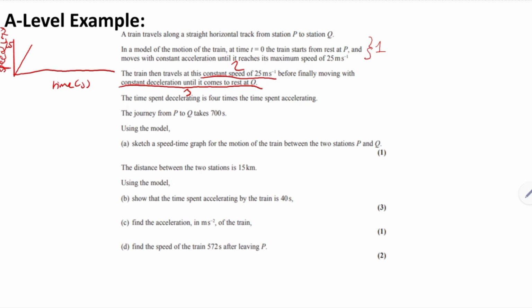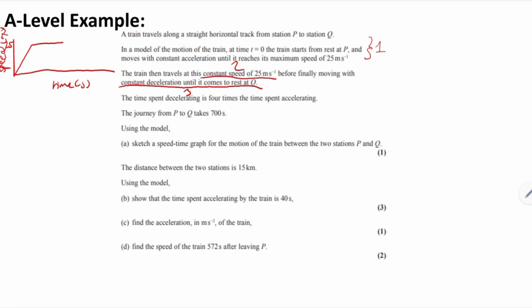And then it says that it travels at this constant speed of 25 meters per second, so we can just draw a horizontal line for that. And then it says that it moves at constant deceleration. But if we read what is below, we can see that the time spent decelerating is 4 times the time spent accelerating. And as it doesn't tell us how long it's spent accelerating and decelerating, we can label it as t and 4t, where t is for accelerating and 4t is for decelerating.